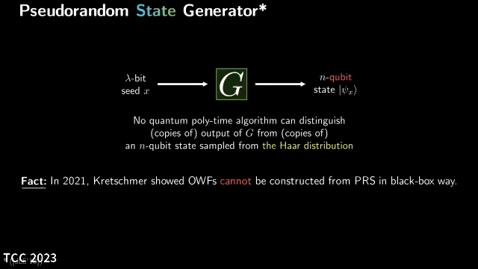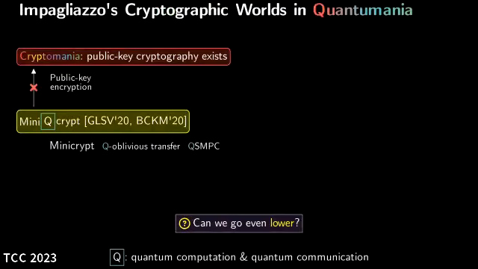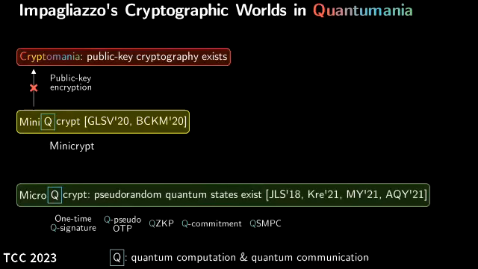And for applications, it's more useful to consider a variant of PRS, which is the pseudorandom function-like state, introduced in 2021 by Ananth, Qian, and Yuen. So for a PRFS, the algorithm G now also has a secret key K, and the output depends on both the classical string x and the secret key K. Using the notion of pseudorandom state generators and their variants, a series of works showed that you can do a lot of crypto even without one-way functions.